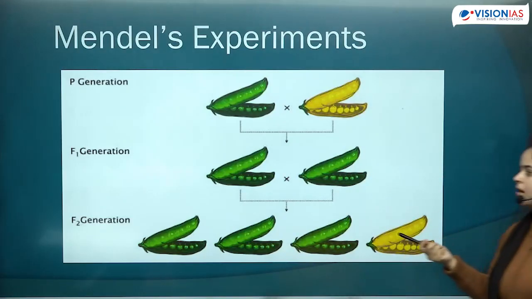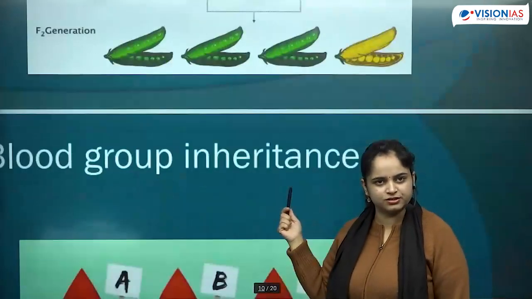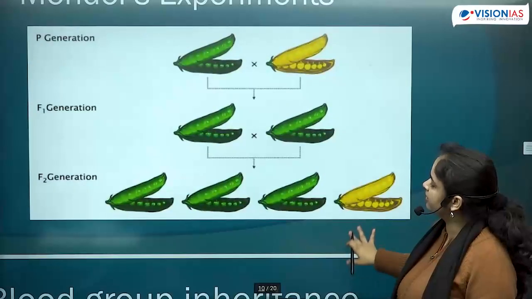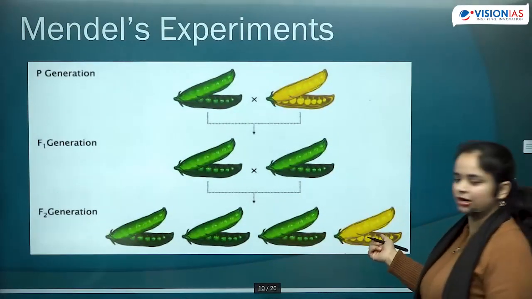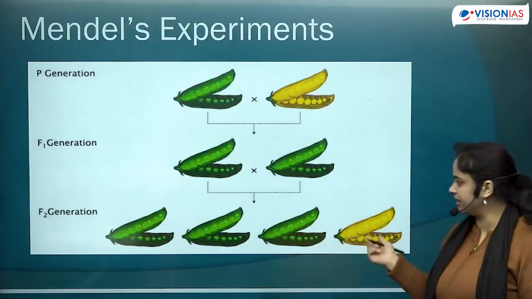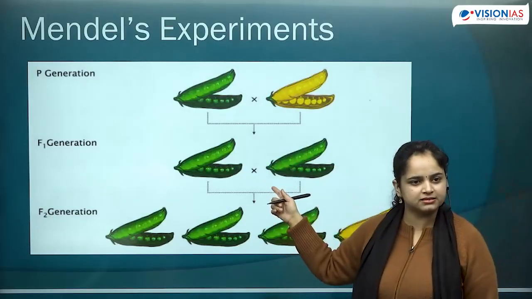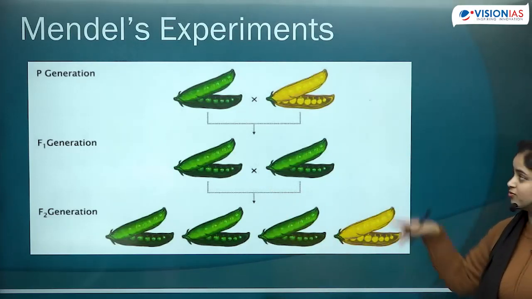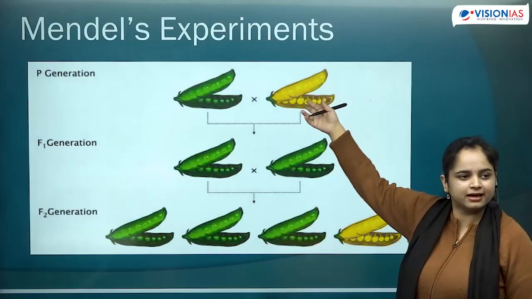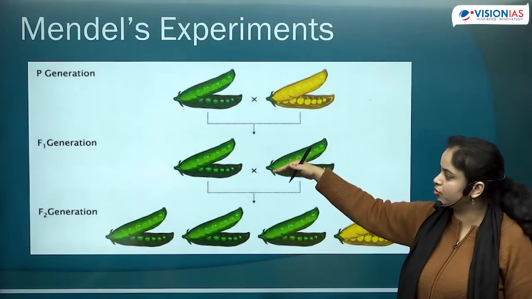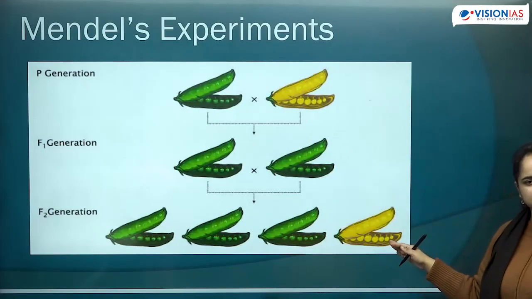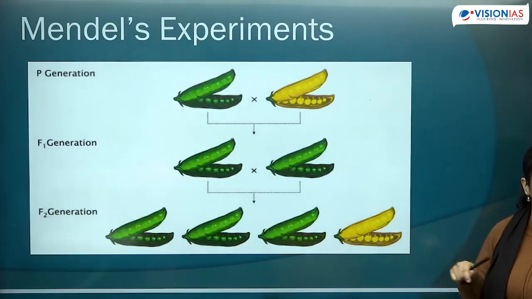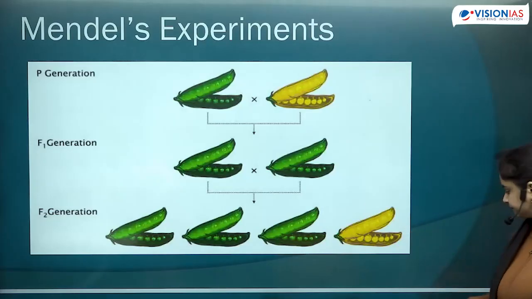Then upon fertilization of this generation, he found again there is a yellow plant. Green तो है ही है, but yellow है. In this case, both the parents are green, but they have a yellow child, which was the trait of, you can say, the grandparent. It did not show in this generation, but somehow it has come up again in the next generation.